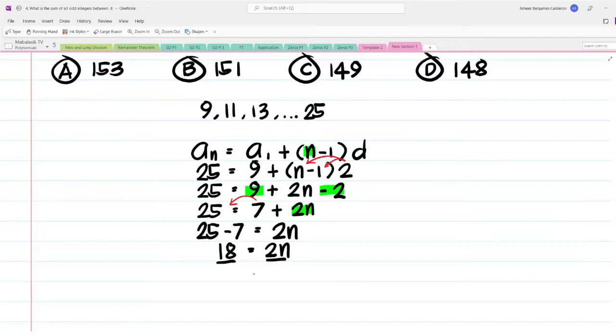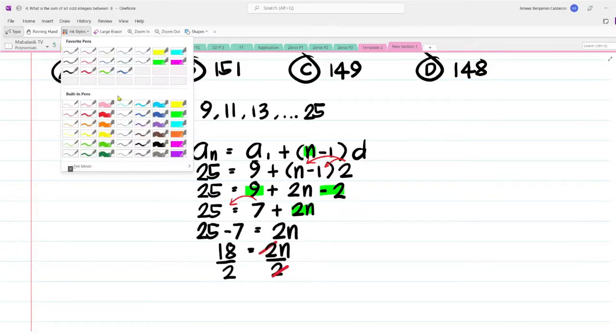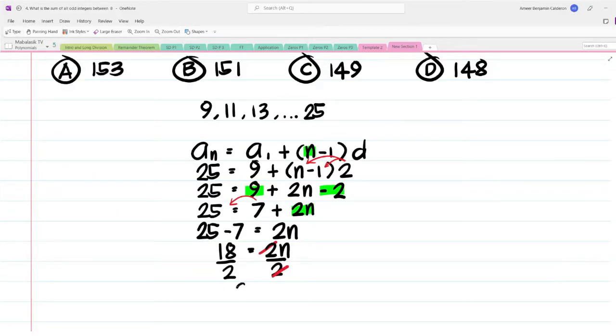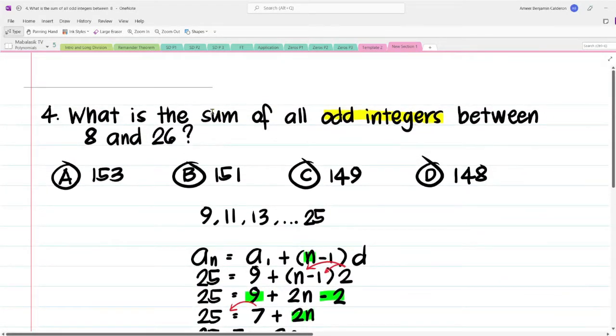Divide both sides by 2. So we can cancel 2 and we are left with n. So 18 over 2 is 9. Is equal to n. So ibig sabihin, siyam silang lahat. Siyam lahat yung odd integers between 8 and 26.